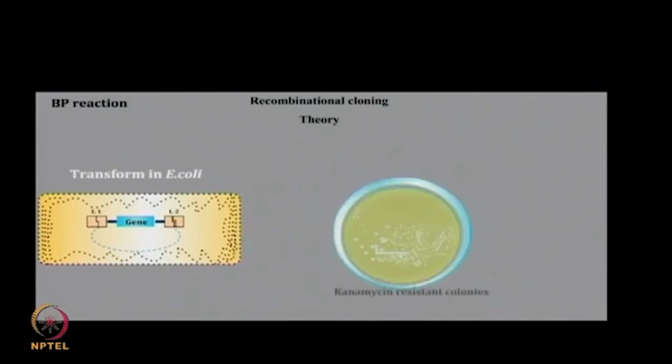The reaction yields more than 90% or almost 100% correct colonies. The colony selection can be performed on kanamycin resistant plates. Once the BP reaction is successfully performed, one needs to take this clone, extract DNA and then further move on to the LR reaction.